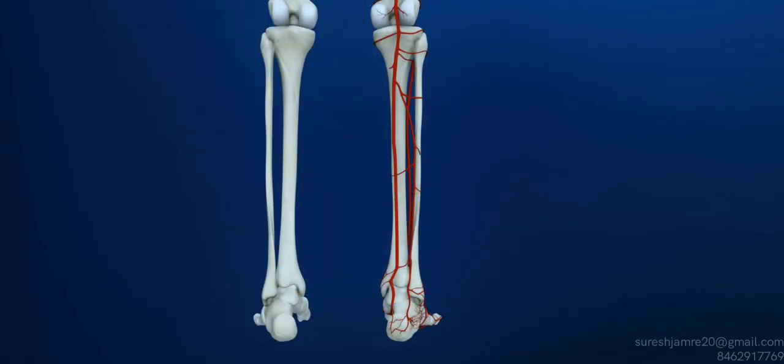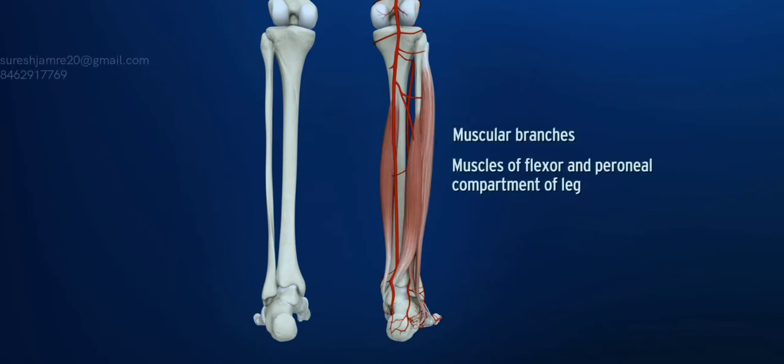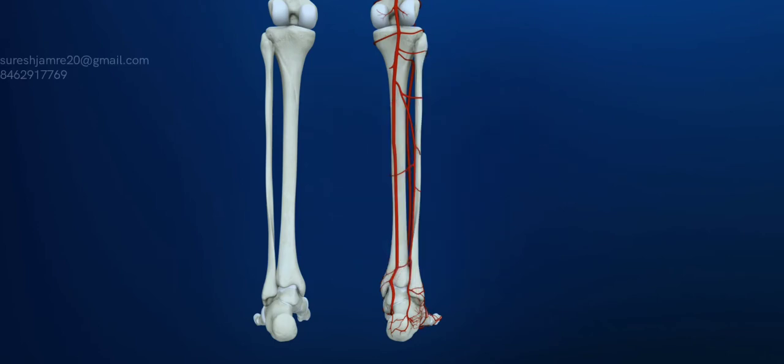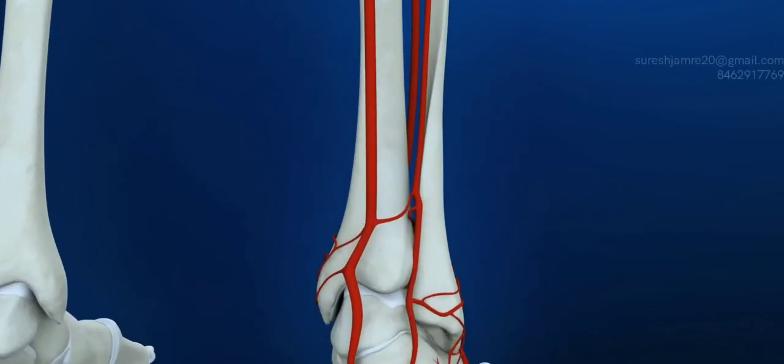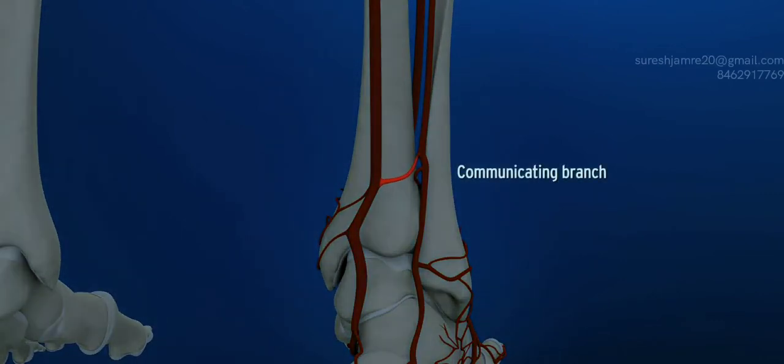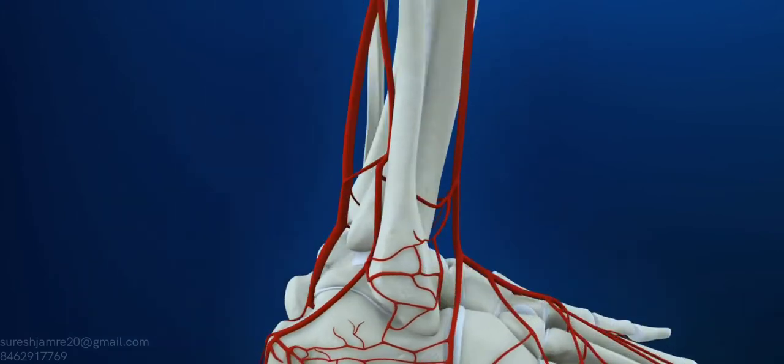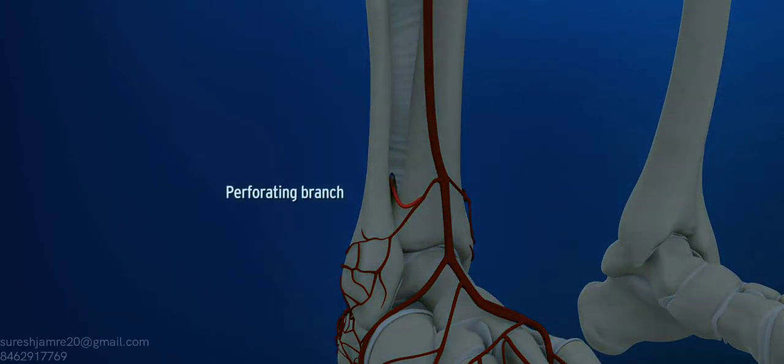Branches of peroneal artery. Muscular branches supply the muscles of flexor and peroneal compartment of leg. Nutrient branch to fibula. Communicating branch which joins with the branch of posterior tibial artery 5 cm above the ankle. Perforating branch.